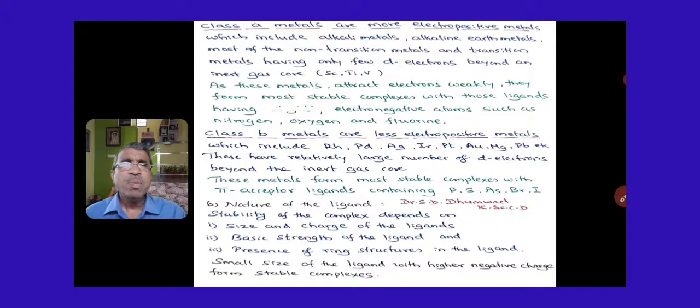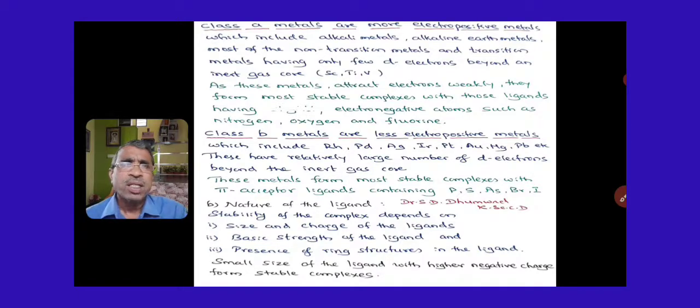The class B metals form most stable complexes with pi acceptor ligands containing phosphorus, sulfur, arsenic, bromine and iodine.